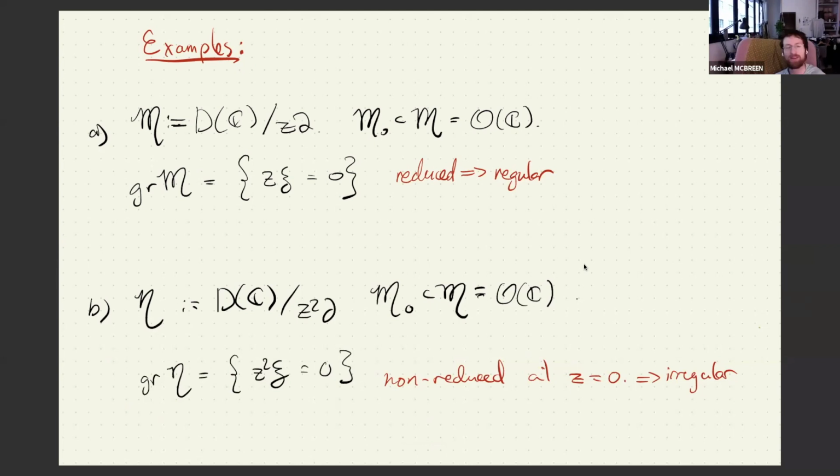So that's reduced, it's regular. And here actually there's a typo, that second example should be Z squared DDZ minus alpha. But anyways, the associated graded is as described and it's non-reduced at 0.